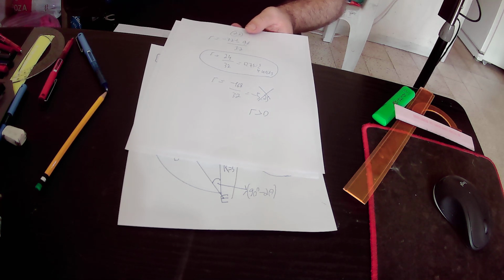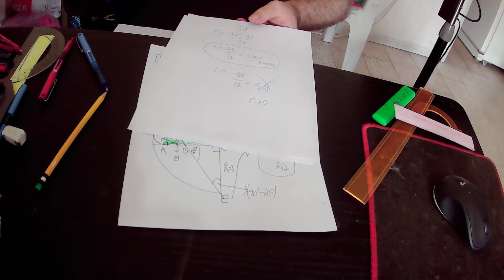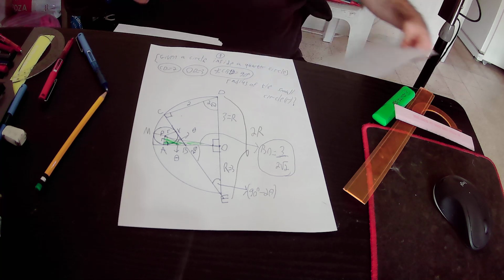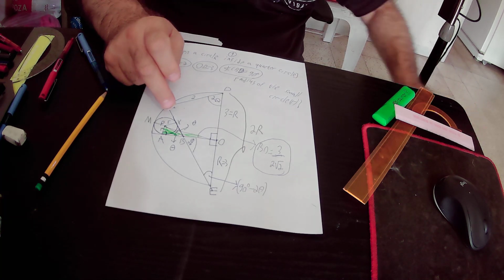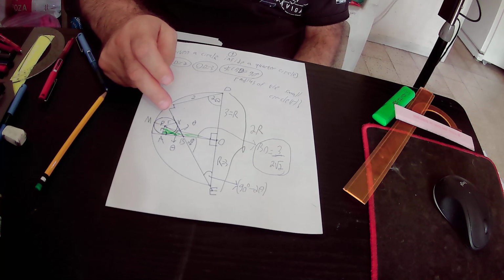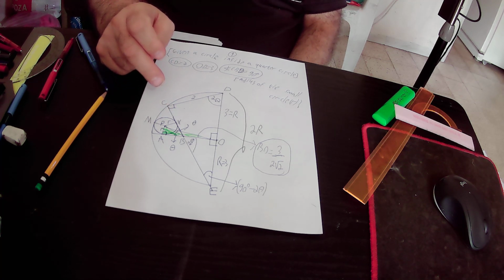So the radius of the small circle equals 0.75 units, or 3 over 4 units.